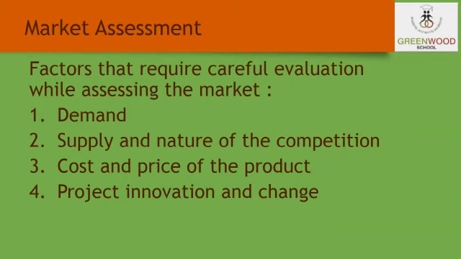Second, supply and nature of competition. The present supply schedule of the competitors should be assessed. Not only this, future supplies by possible new entrants have to be gauged too. Third is cost and price of the product. The price of the product should be competitively set with regard to existing competitors of the product.